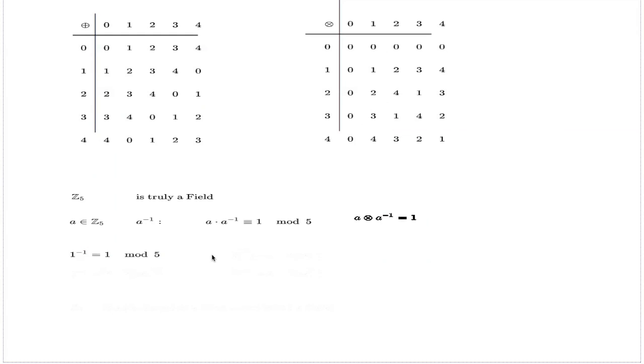More interesting stuff happens when you look at number 2. What must this number 2 be multiplied with in order to end up with identity? Well, that's the identity. So the number 2 here must be multiplied with this 3 in order to end up with identity. So the inverse of 2 is 3 within my Z5 field, of course.